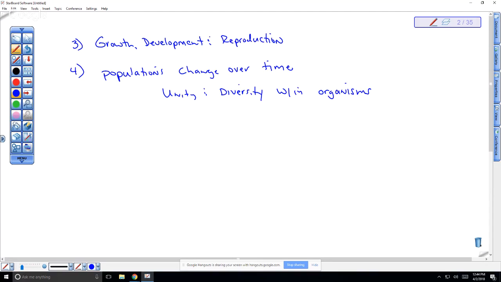into multicellular organisms. So, for example, we went to unicellular, which means one cell. And these gave rise to multicellular animals and plants.